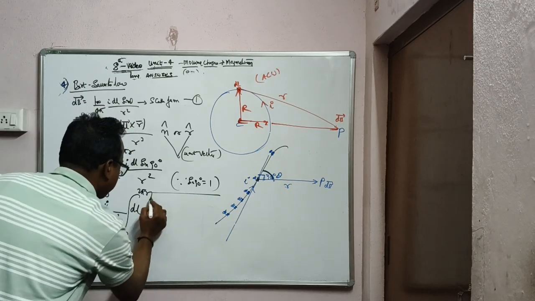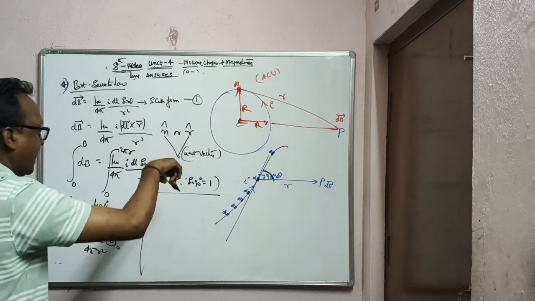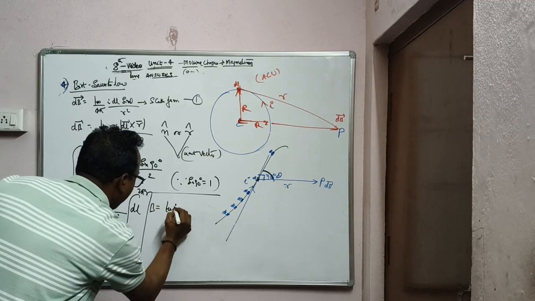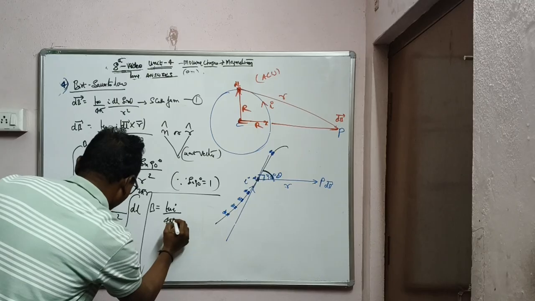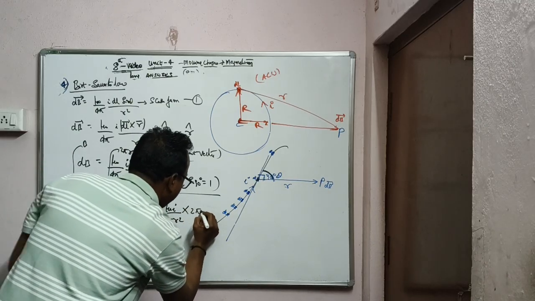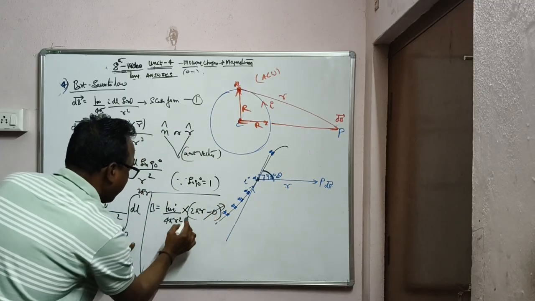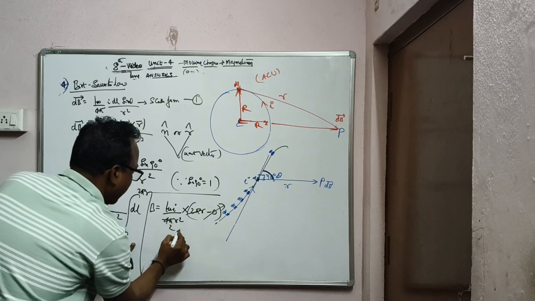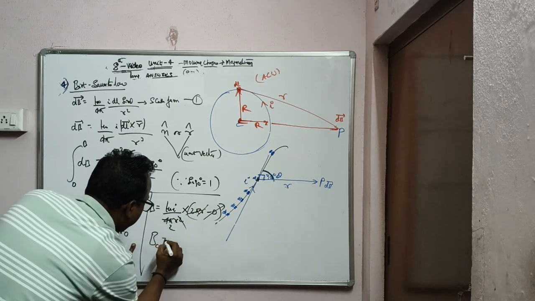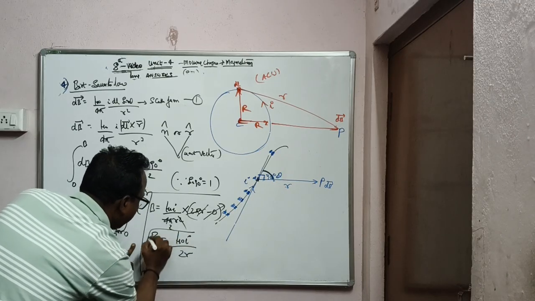When you solve this, B at the center for a circular coil carrying current, by integration, is mu naught I by 4 pi r square into upper limit minus lower limit. Upper limit is 2 pi r minus 0 lower limit. So the 0 goes, 2 pi times r, one r cancels. So B at the center of a current carrying coil is given by mu naught I by 2r.